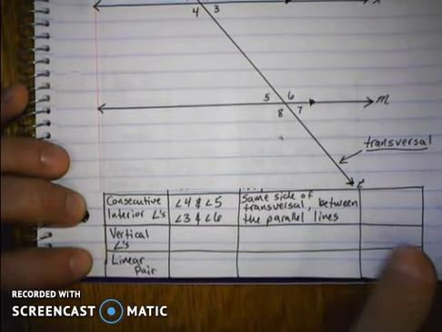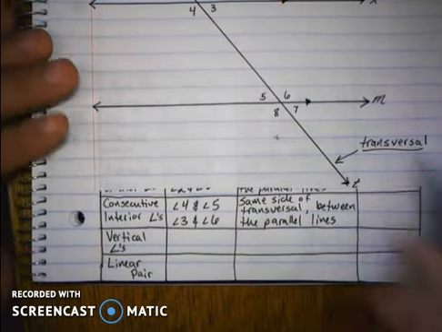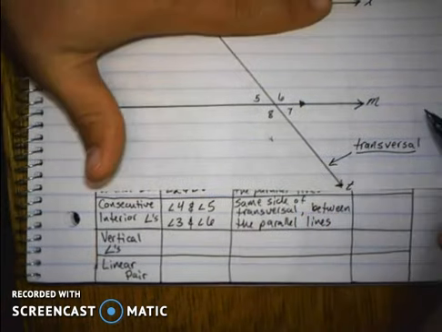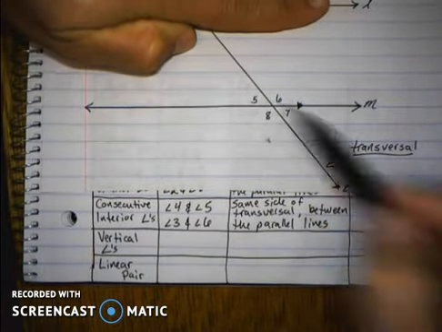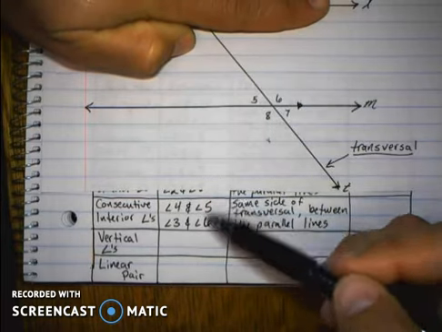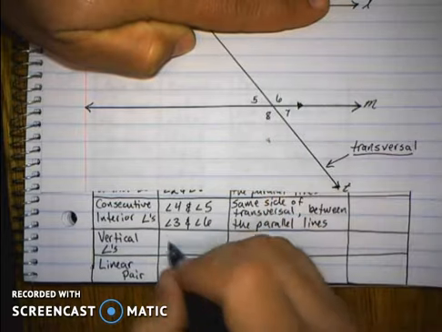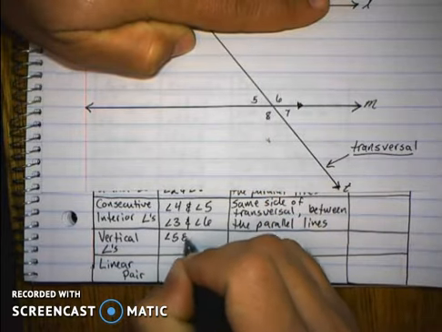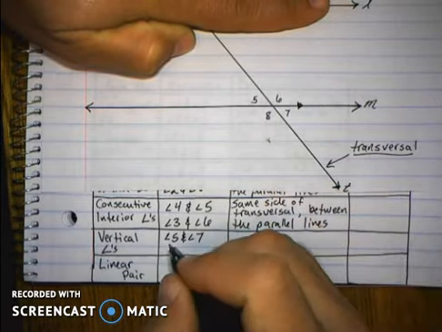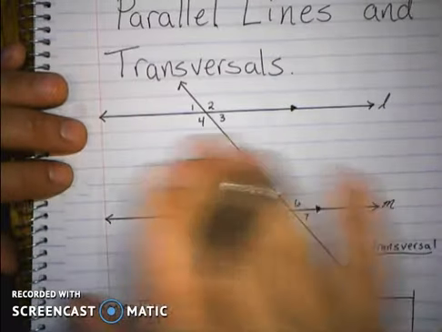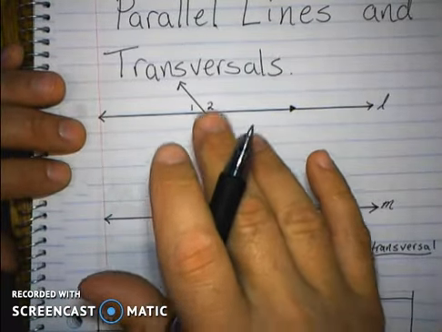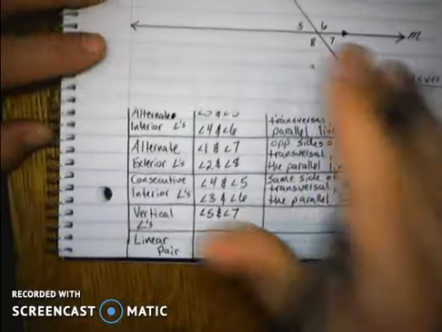All right, we talked about those, and those exist just between two intersecting lines. So I don't have to have all three lines here to answer these. All right, so I'll show you some examples of vertical angles. Okay, remember 5 and 7 are vertical angles. All right, and then I could go to the other pair of lines. Okay, and I could say 2 and 4 are also vertical angles.